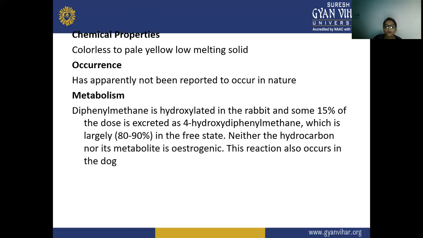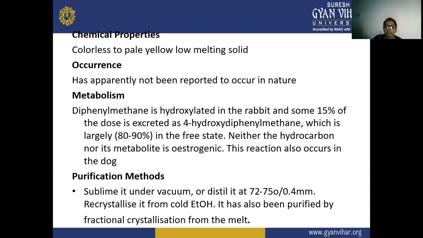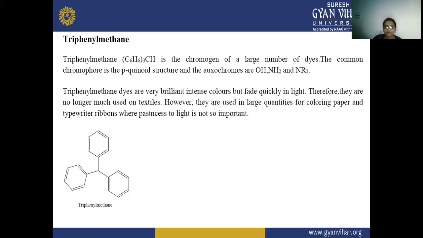Neither the hydrocarbon nor its metabolite is osteogenic, and this reaction also occurs in the dog. Purification method: we can sublime it under vacuum or distill it at 172 to 750, then recrystallize with cold ethyl alcohol. It has also been purified by fractional distillation from the melt.